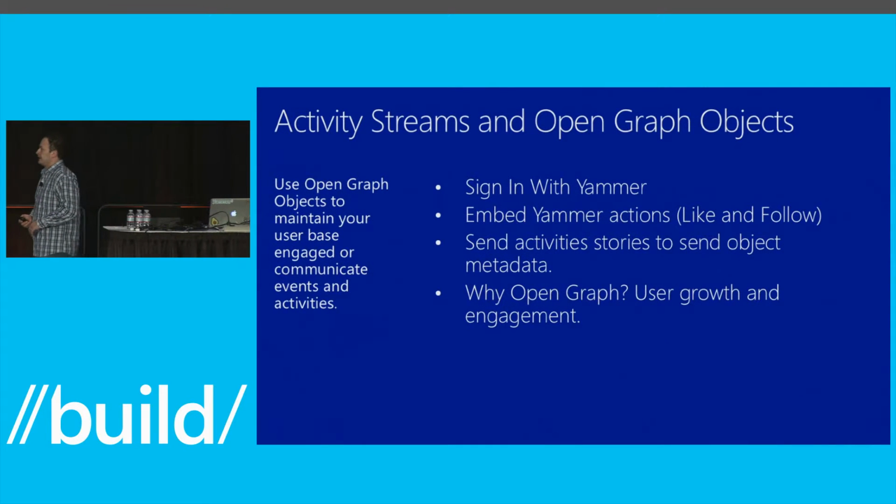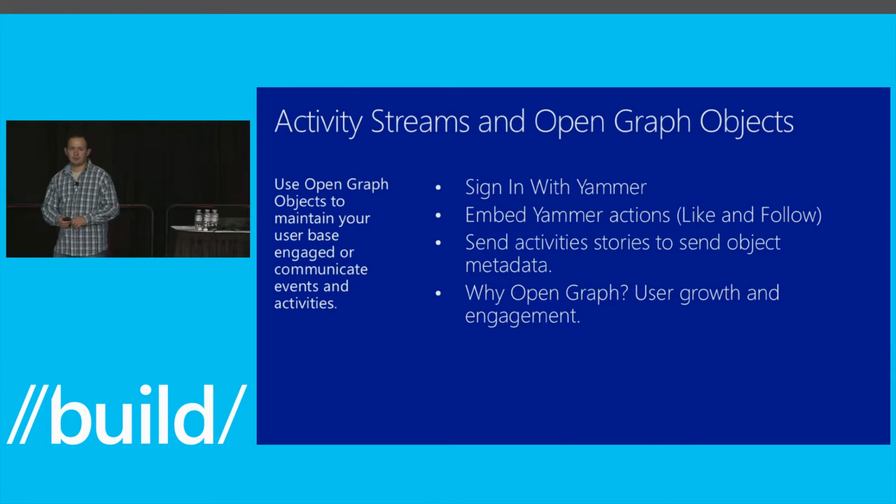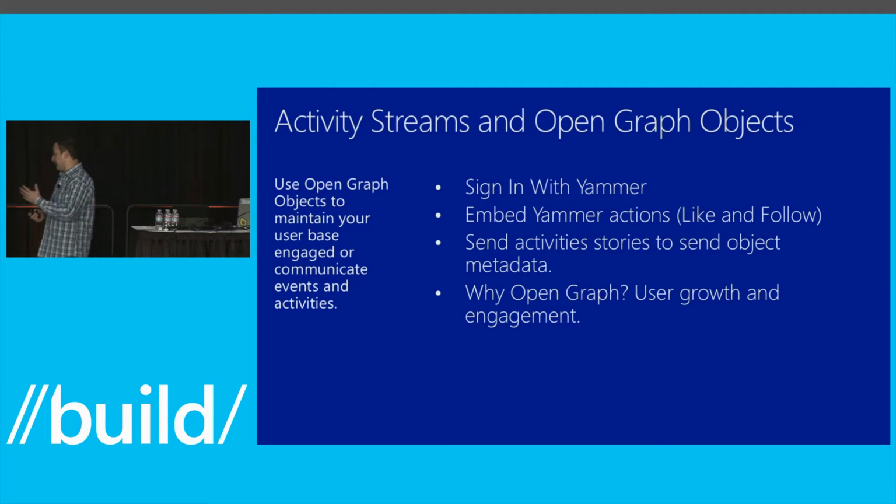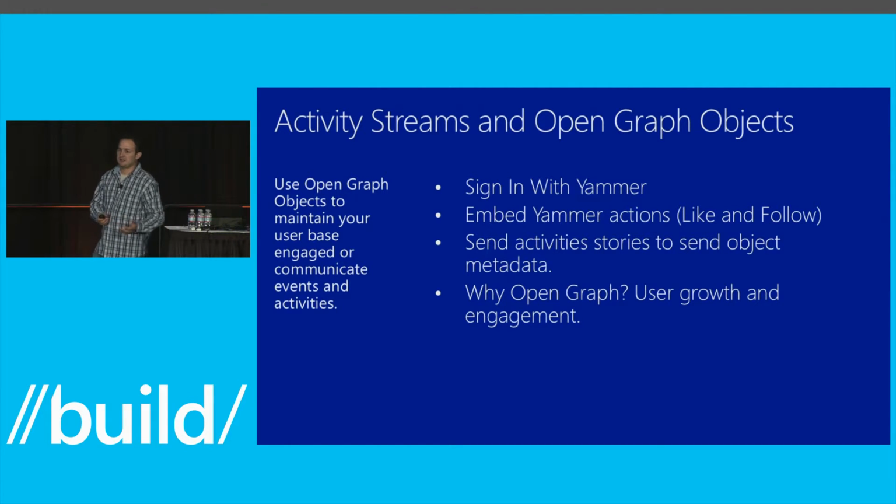Now let's talk about activity streams and Open Graph objects, which is the main way to integrate your application into Yammer. Open Graph objects are the standard that we use to embed Yammer actions like and follow, to send activity to the stream that I showed you earlier.